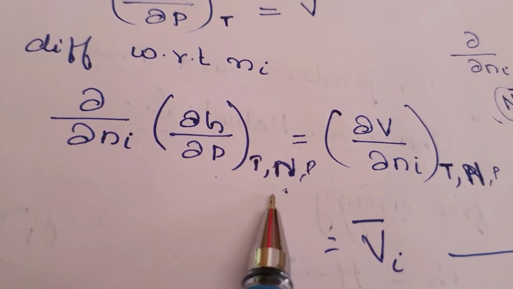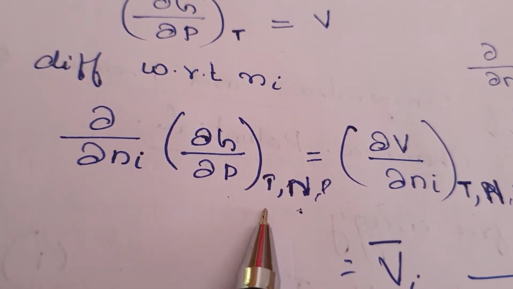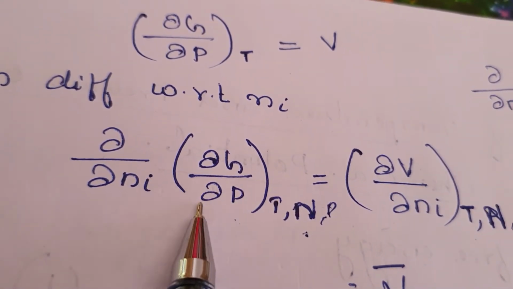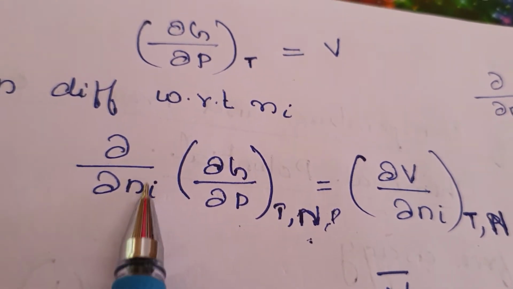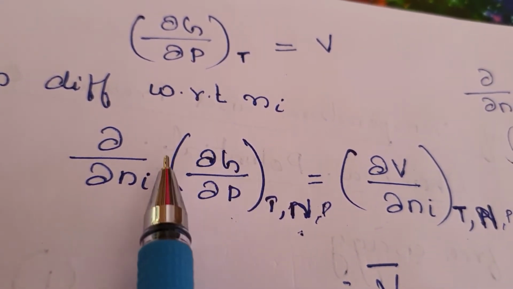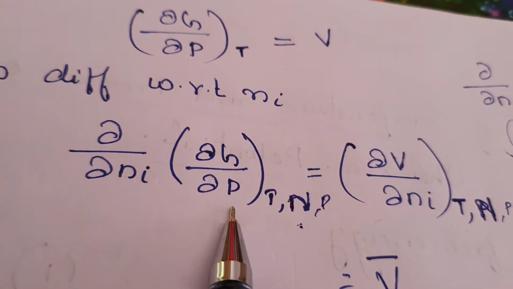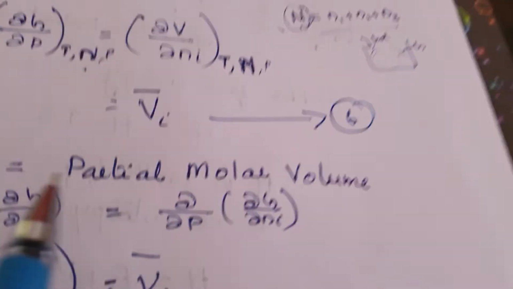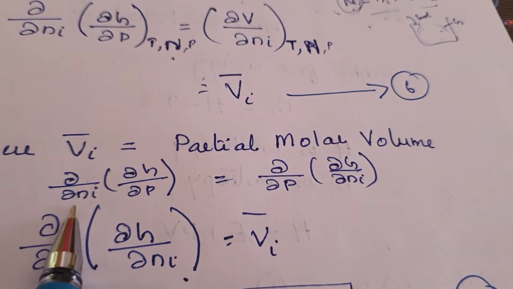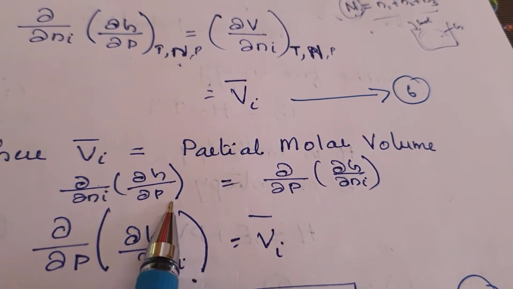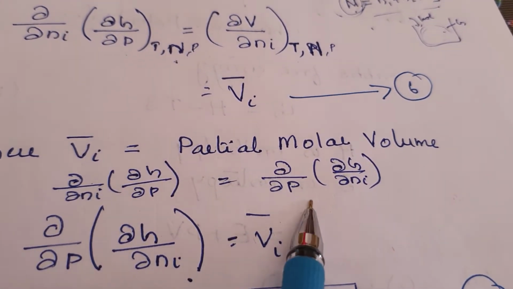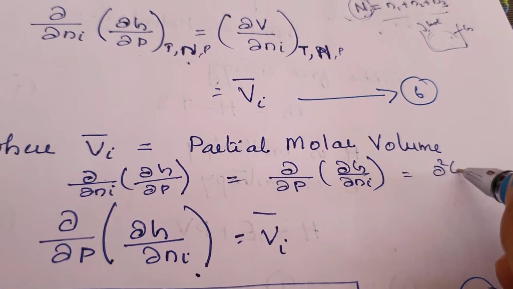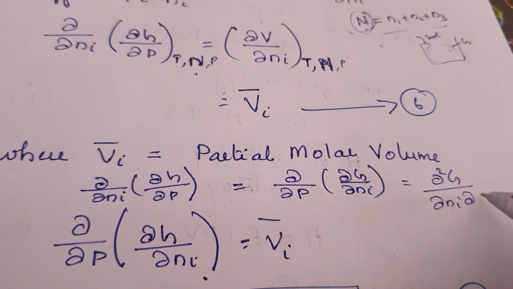Now when you take this double differentiation, the order does not matter. If you first differentiate with pressure and second with Ni, or first differentiate G with respect to Ni and then that quantity by P, you will get the same answer. That is, dou by dou Ni of dou G by dou P is also equal to dou by dou P of dou G by dou Ni. Both are equal to dou squared G divided by dNi dP.